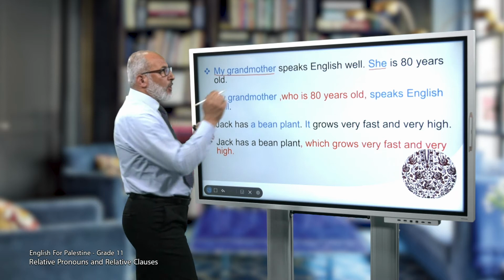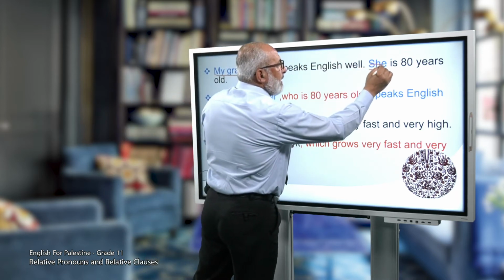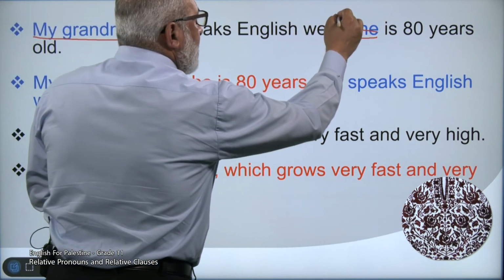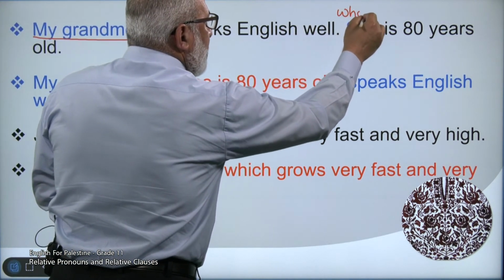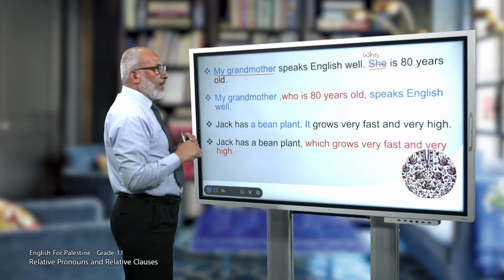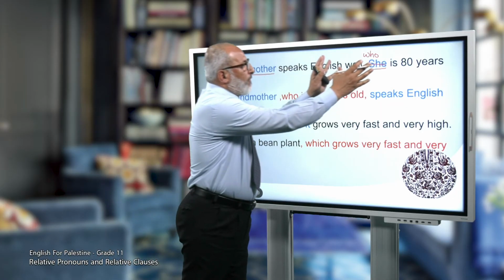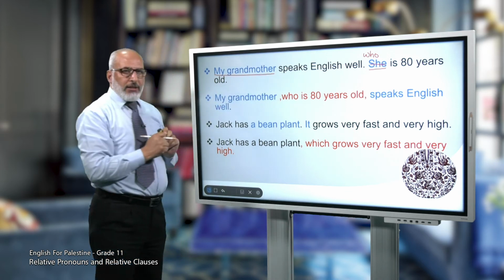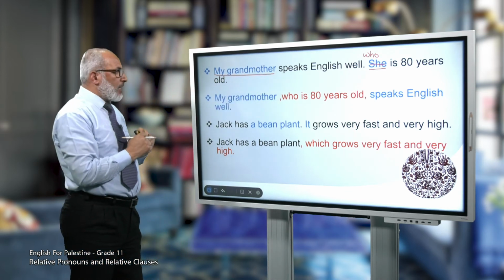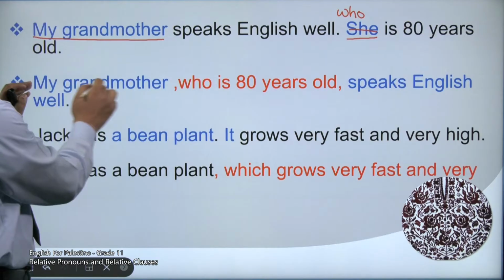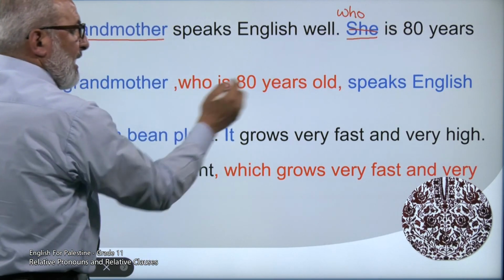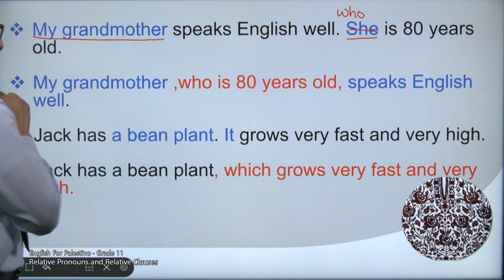We delete the pronoun here, and we put the suitable relative pronoun, who. And we move the whole clause next to the noun it describes. So it becomes, my grandmother, who is 80 years old, speaks English well.